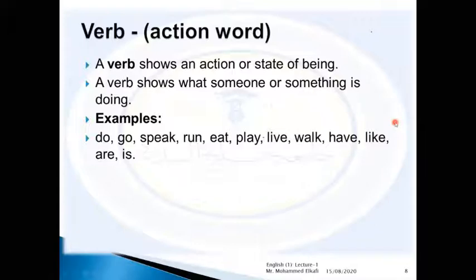So we'll find ed at the end of the verb, so it's a regular verb. The irregular verbs have some different forms in their structure. The irregular verbs will not accept ed, as in play, so it's different. So we will not add ed with the irregular verbs, but will make a change in the verb, or even put the same verb.